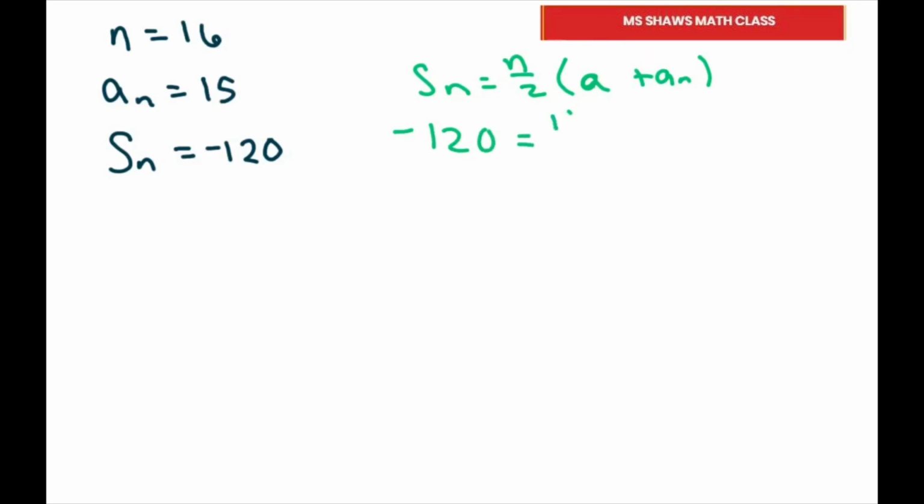Our n is 16. We don't know our first term. And our nth term, or our last term, is 15. So this equals 8. So we're going to divide both sides by 8. Negative 120 divided by 8 is negative 15.